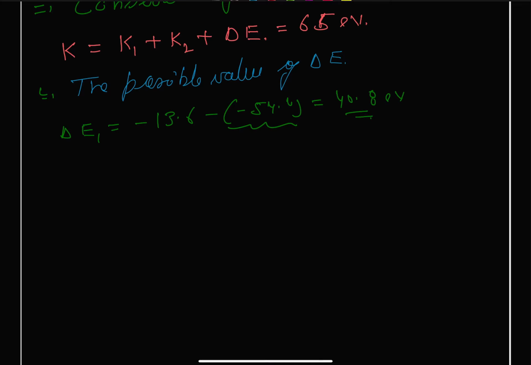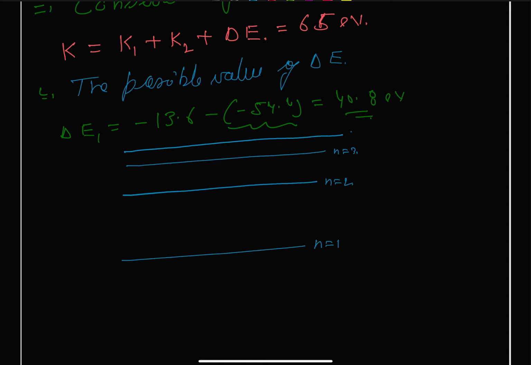So this is our value of n equal to 1, and this is n equal to 2, then n equal to 3, and finally n equal to 4. All these transition values we already know, and we are given that it is helium whose value of Z is 2.